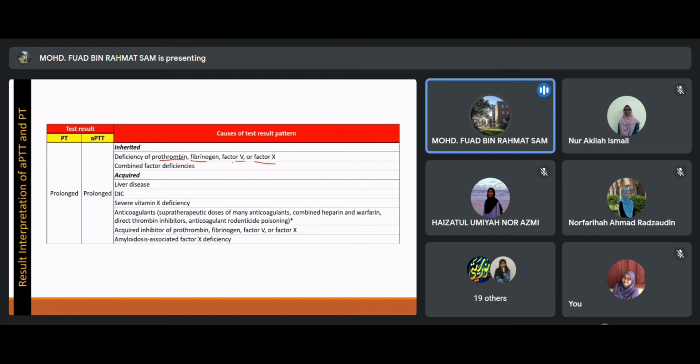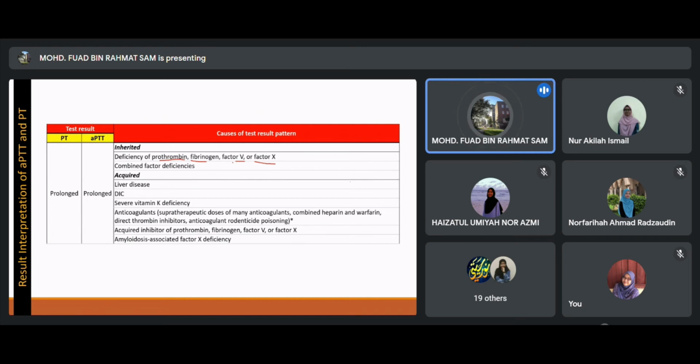Okay, kalau you guys tengok dalam the course of the test result pattern ni, you guys akan nampak mesti ada perkataan liver disease tu. Why liver disease tu agaknya? Bila melibatkan PT, APTT, liver disease, why? Mesti ada masalah pada liver. Why?